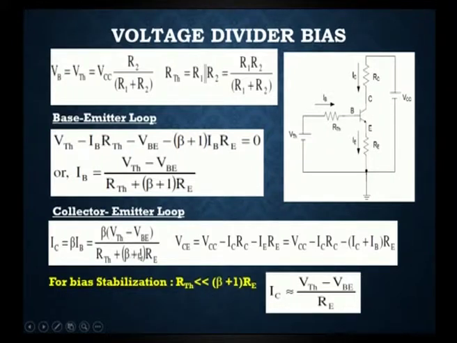After that we get VTH minus VBE divided by RE as the expression for IC. IC is approximately equal to VTH minus VBE divided by RE.